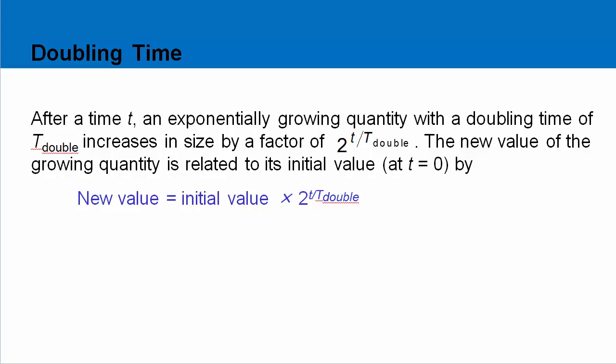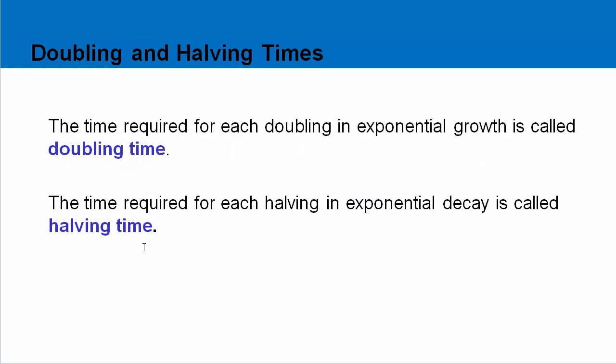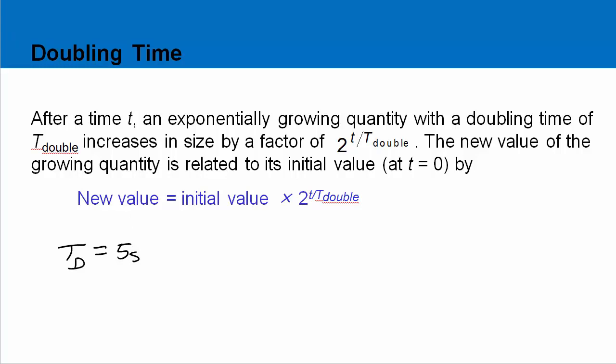This might make more sense with some numbers. If I'm going to call it TD for t double, and that is 5 seconds, then we know it's going to take exactly 5 seconds for something to double. So the time it takes for it to be multiplied by 2 is going to be 5.